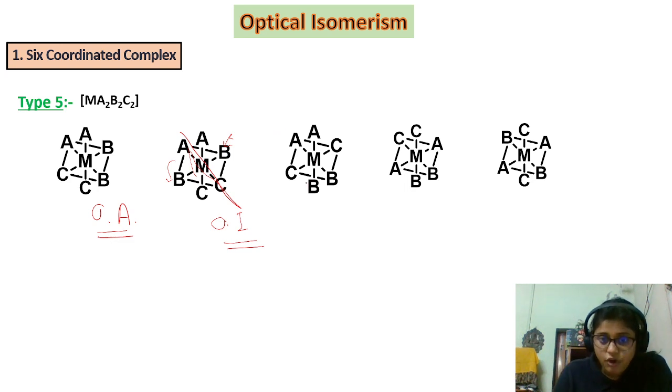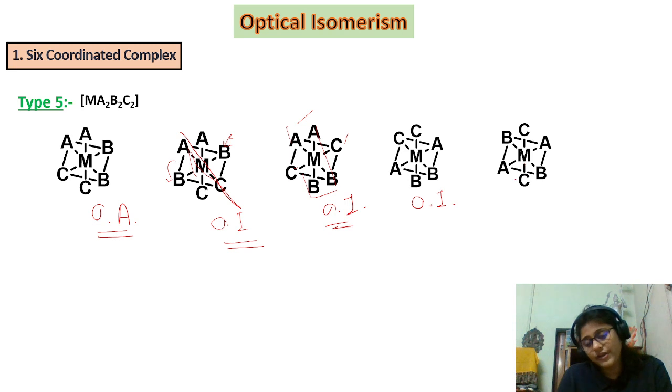In the case of this, the same thing will happen. If a mirror is placed here, it will reflect C and C, optically inactive. And here also the same thing, optically inactive. And here it is trans, obviously it will be optically inactive, because many planes are possible here, many planes.